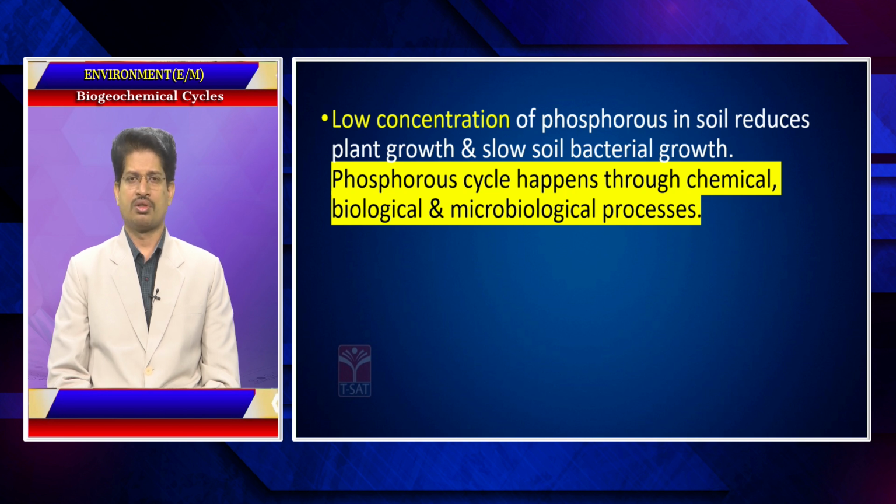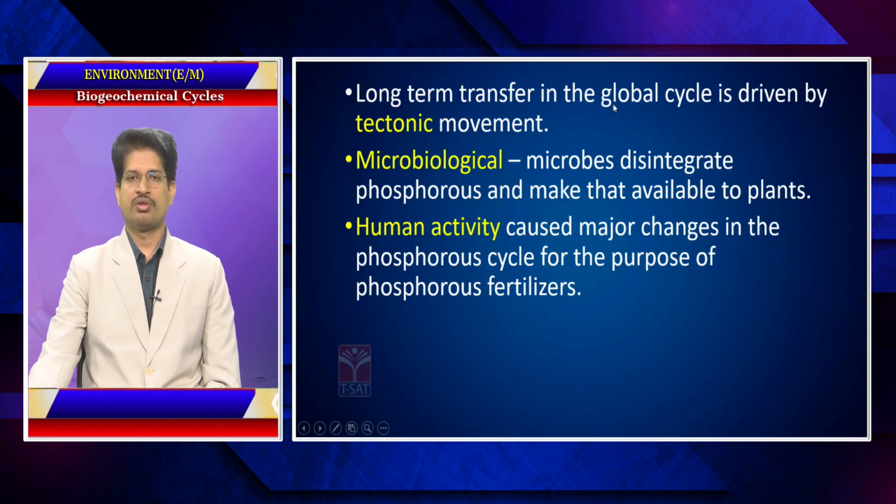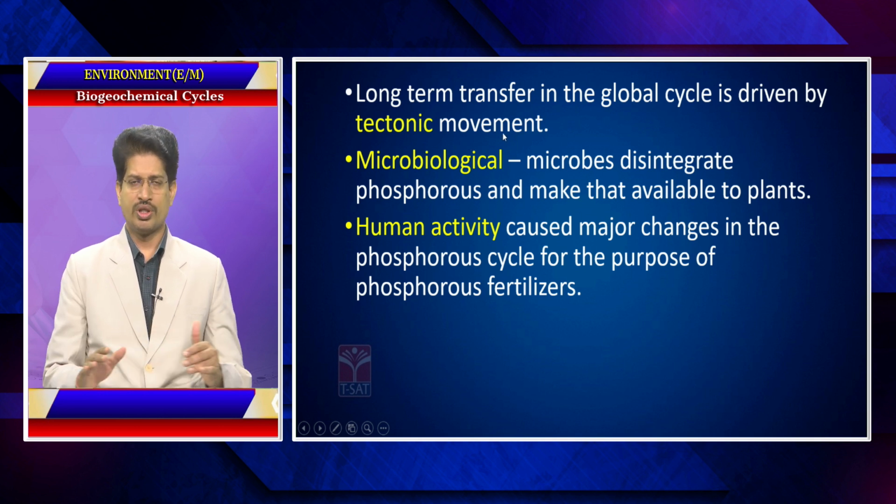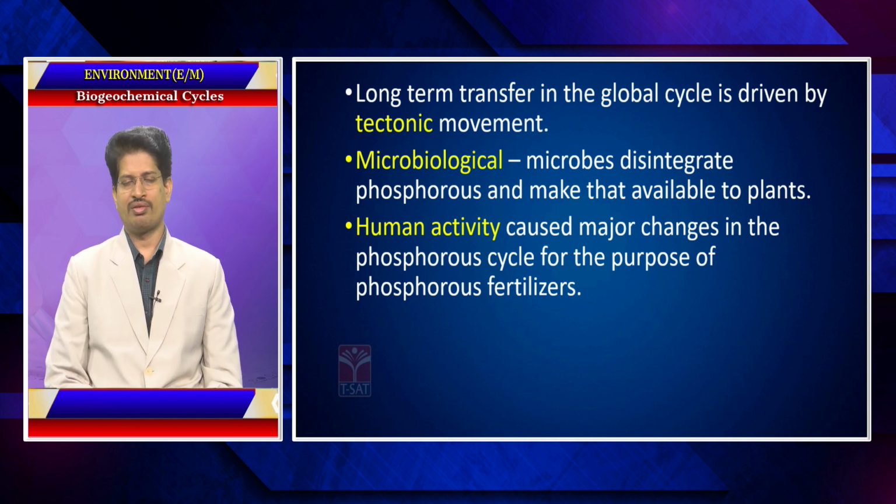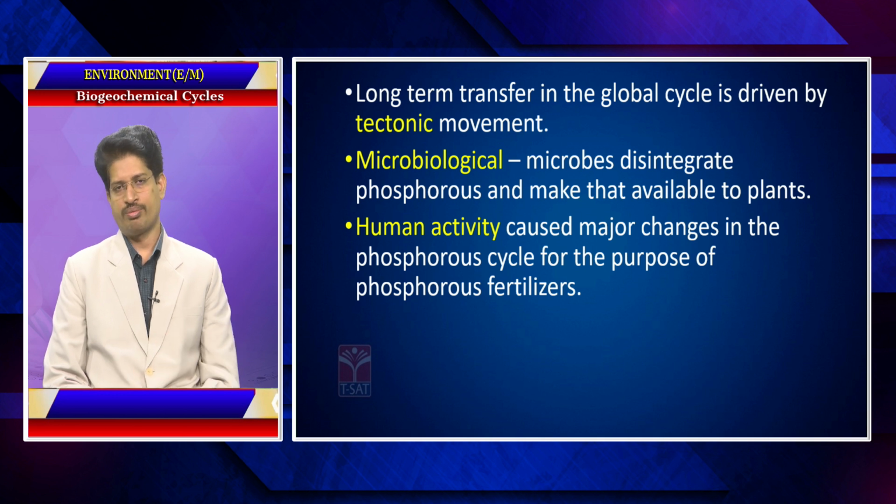Low concentration of phosphorus in soil reduces plant growth and soil bacteria growth. So, the phosphorus cycle happens through chemical, biological and microbiological processes. Long-term transfer in the global cycle is driven by tectonic movement. Tectonic movement means the uppermost lithospheric plates, the crustal plates, move from place to place.